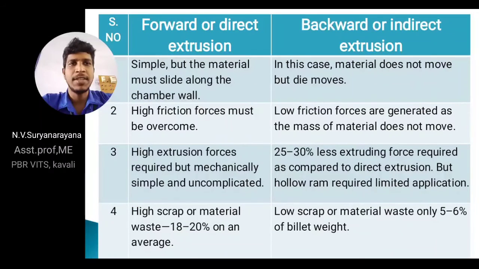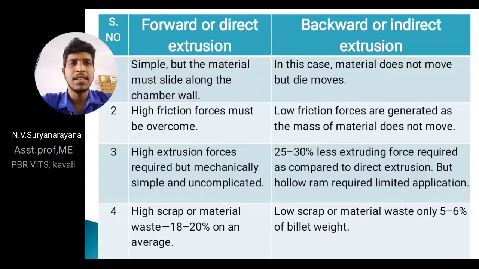Next, the differences between forward and backward extrusion. Forward extrusion is simple but the material must slide along the chamber wall. In backward extrusion, the material does not move, only the die moves. In forward, high frictional forces must be overcome. That means the material moves along the chamber walls, and the rubbing forces between the billet and the container walls are very high.